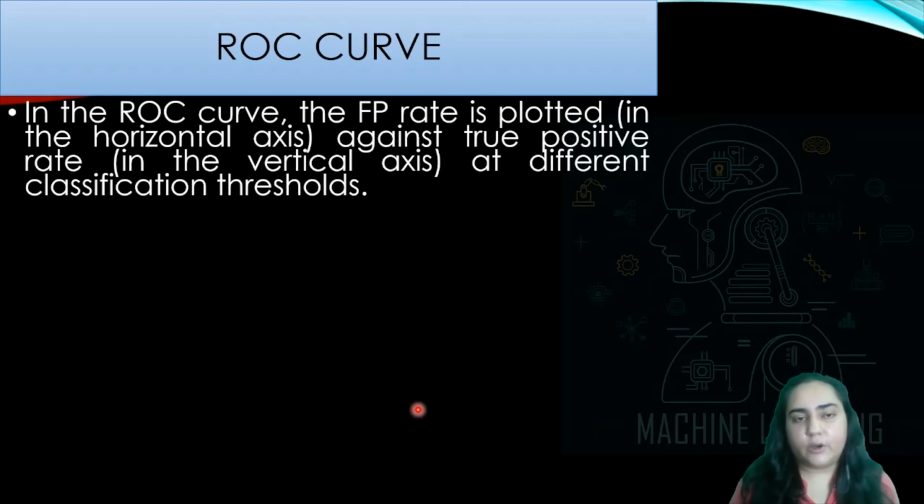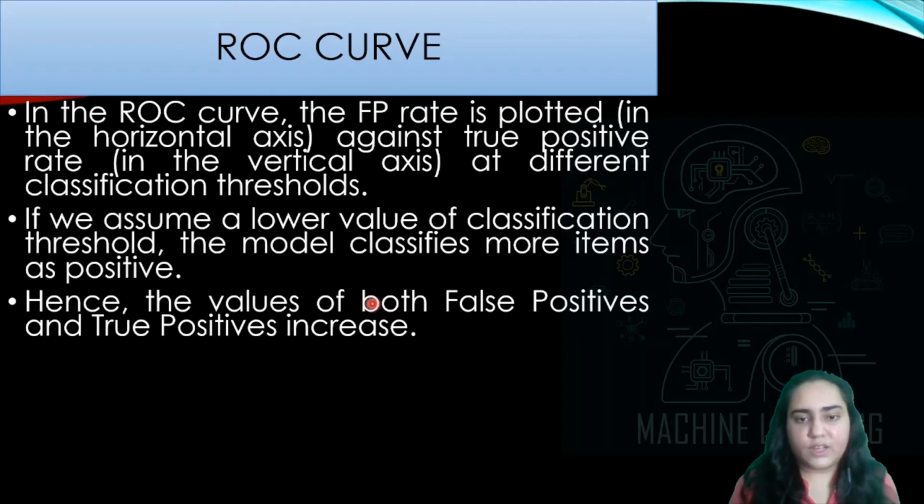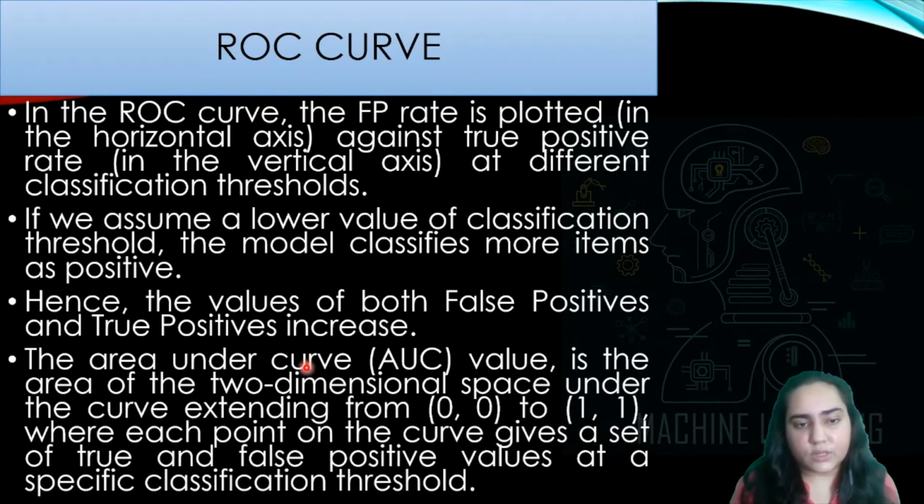Now what happens in the ROC curve? The FP rate, which is the false positive rate, is plotted on the horizontal axis, the x-axis, against the true positive rate, which is plotted on the vertical axis, at different classification thresholds. If we assume a lower value of classification threshold, then the model classifies more items as positive, so values of both false positives and true positives will increase.